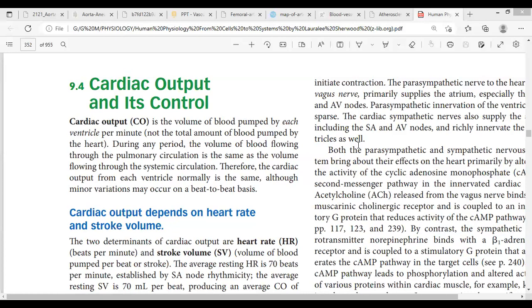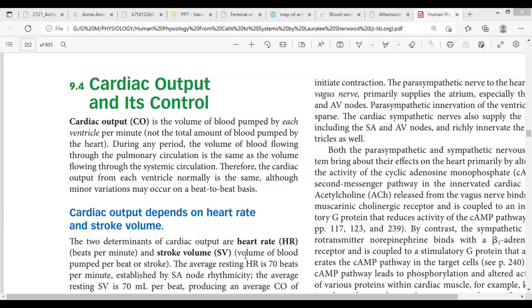I think a person who has ventricular disease would have their cardiac output affected. If there's a defect in your ventricles, you probably have a lower output, and that will probably affect energy levels or something of the sort. So that's what I can say about cardiac output. Yeah, nice.